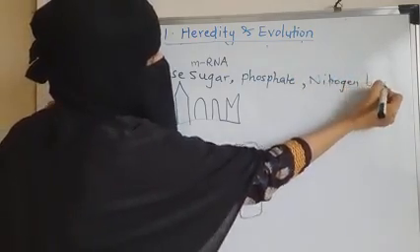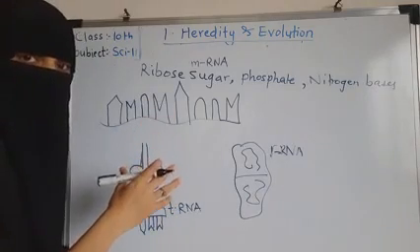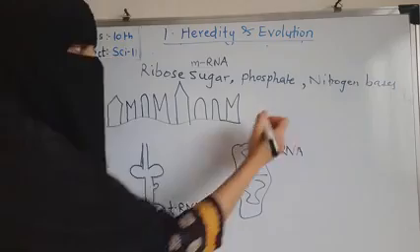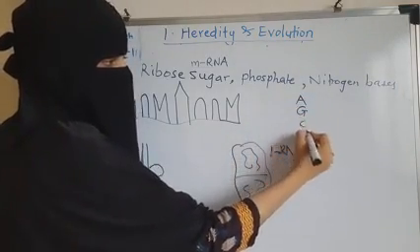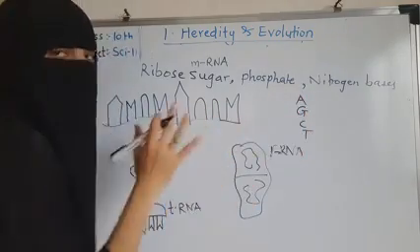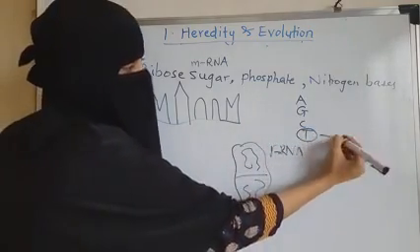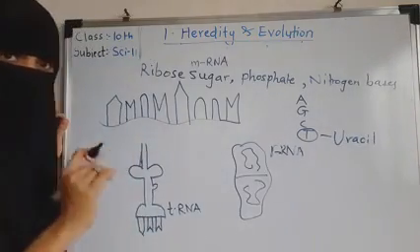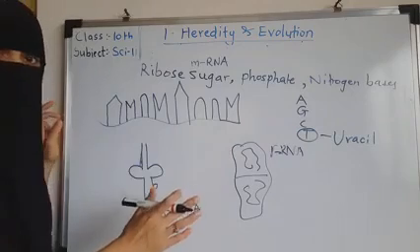Now there is one difference in the nitrogen bases. In case of DNA, it was A, G, C, T: adenine, guanine, cytosine and thymine. But in case of RNA, thymine is replaced by uracil. This is the difference.